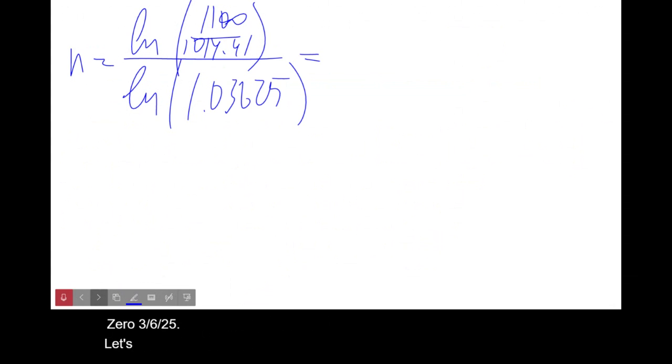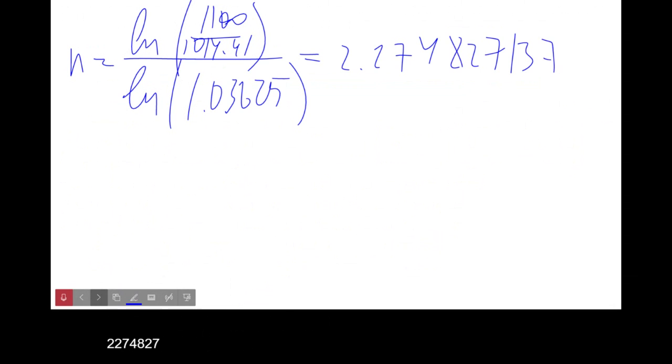Let's calculate that. 2.274827137. And now T is n over m, right?